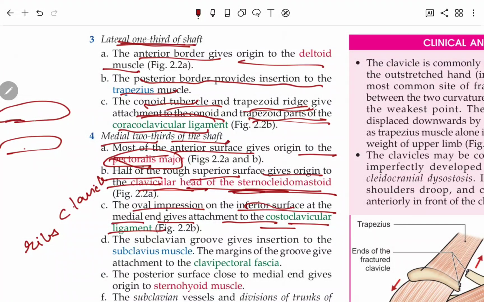This is clavicle. So if we are going to connect both, this is downwards, this is upwards, we need to connect both. Then how are we going to connect? The inferior surface should be attached with the superior surface of the rib, inferior surface of the clavicle and superior surface of the rib. There is where the costoclavicular ligament is going to be.